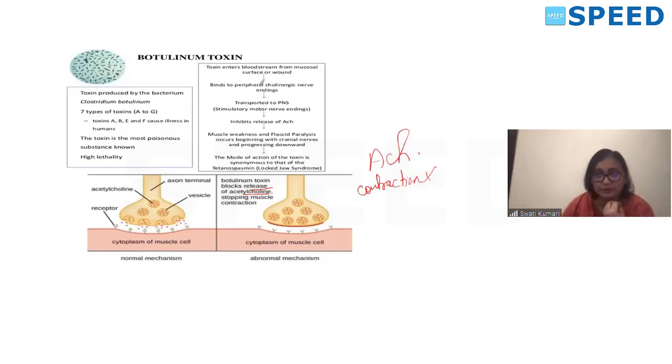It binds to the peripheral cholinergic nervous system. It doesn't go to the CNS. It goes to the peripheral nervous system, is transported to the stimulatory motor nerve ending, and inhibits the release of acetylcholine, which results in muscle weakness and flaccid paralysis.